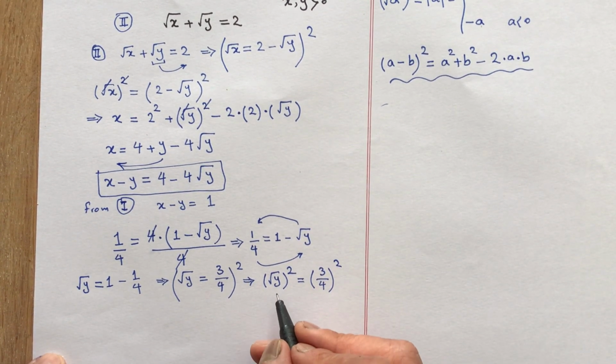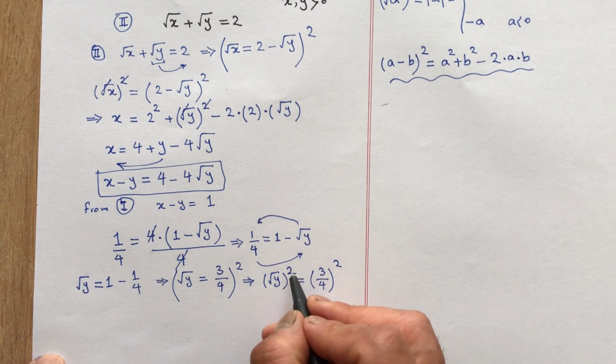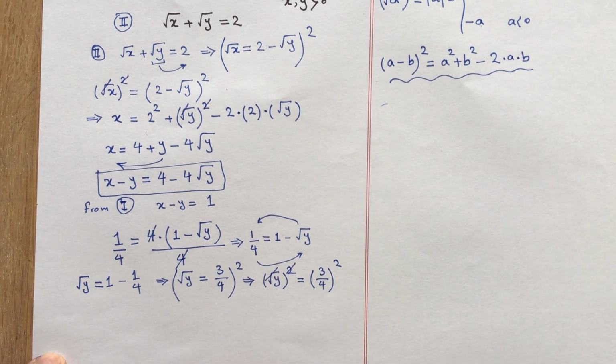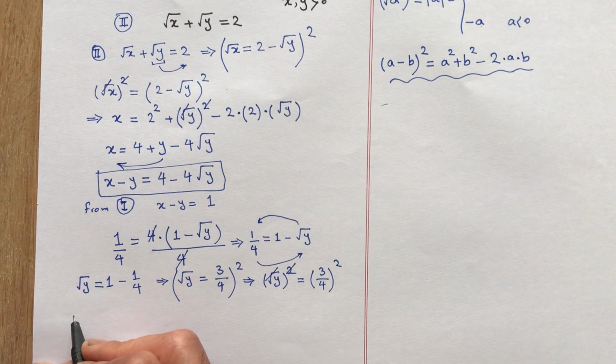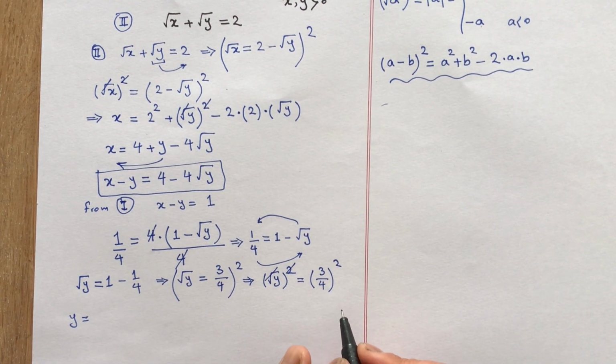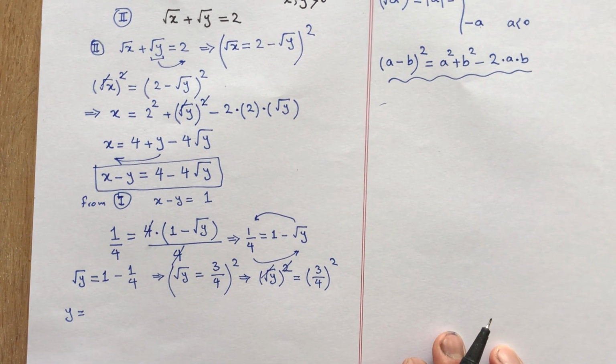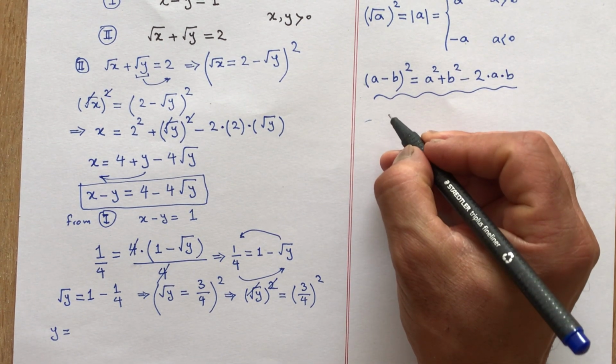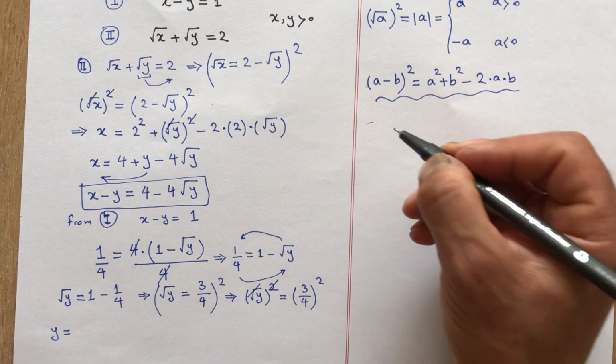Again, y is positive, so the power of 2 cancels with the square root, and the left side remains only y. But what about the right side? About the right side, you know the other identity from fractional algebra.